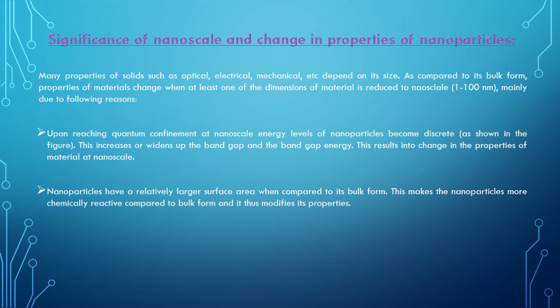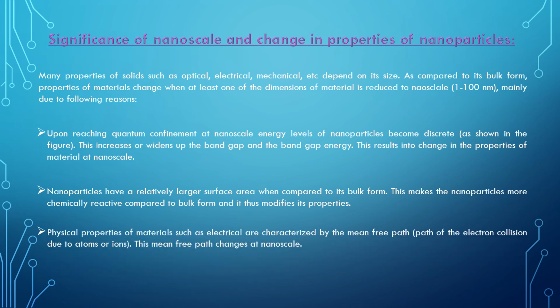This makes nanoparticles more chemically reactive compared to bulk form, and thus modifies the property. So as the surface area increases, the chemical response varies, and due to that, nanomaterials are different from bulk materials.